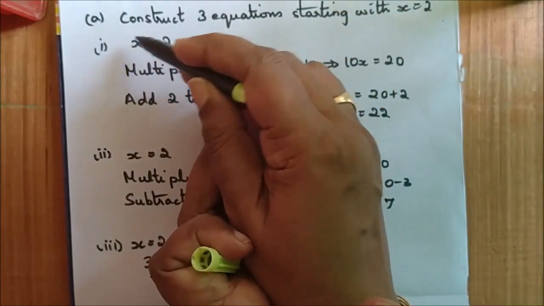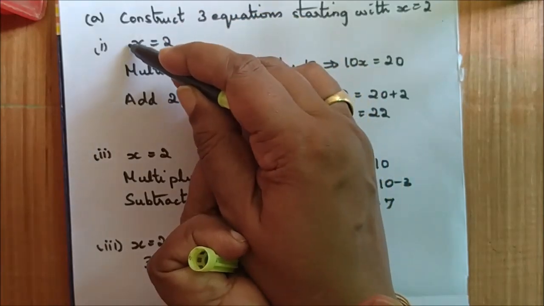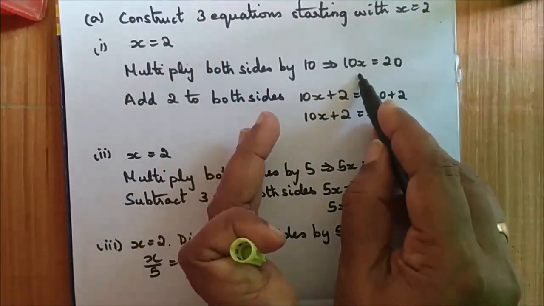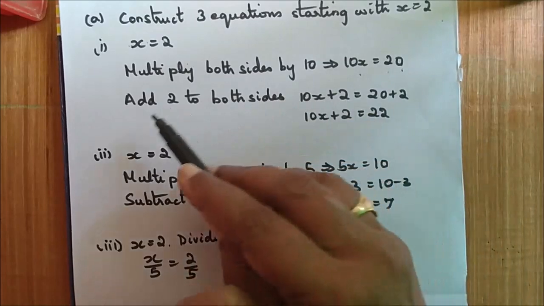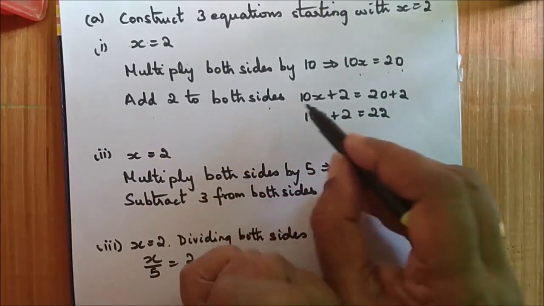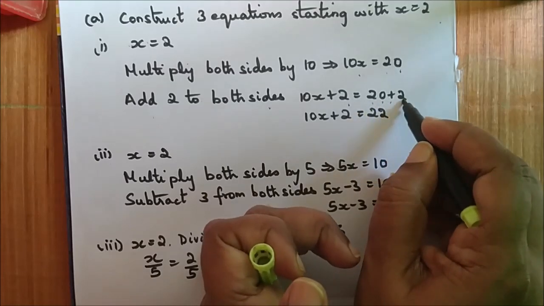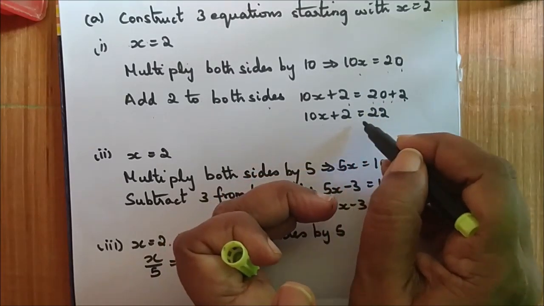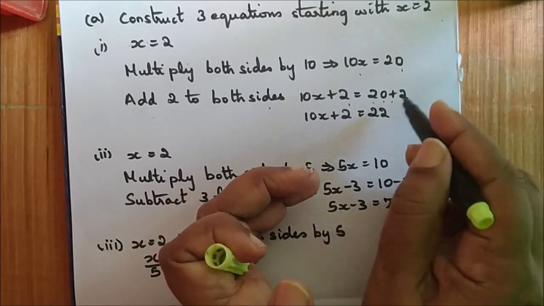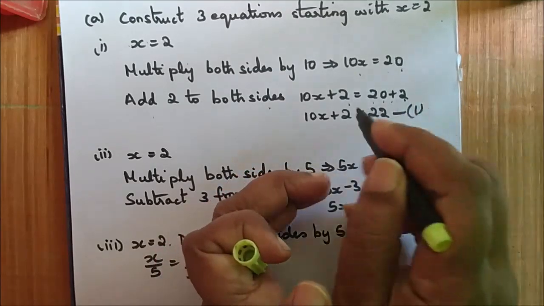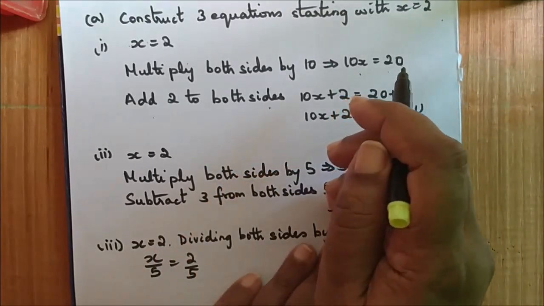When I multiply both the sides of this equation by 10, I will have 10x is equal to 20. Add 2 to both the sides. So what I have? 10x plus 2 is equal to 20 plus 2. That is 10x plus 2 equals 22. This is one equation.